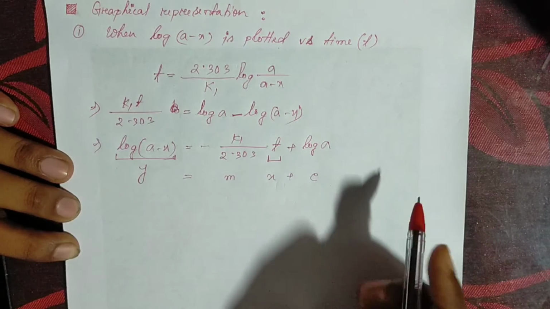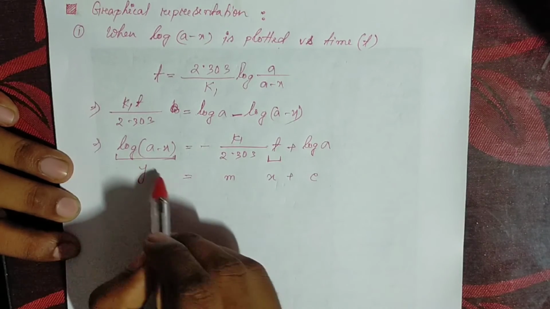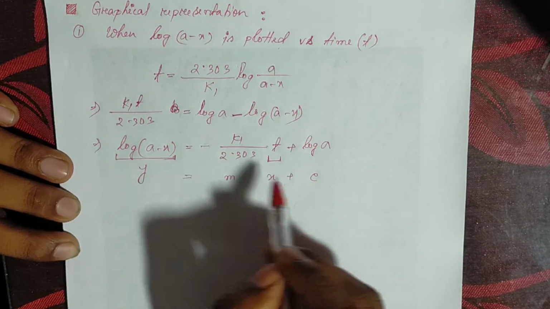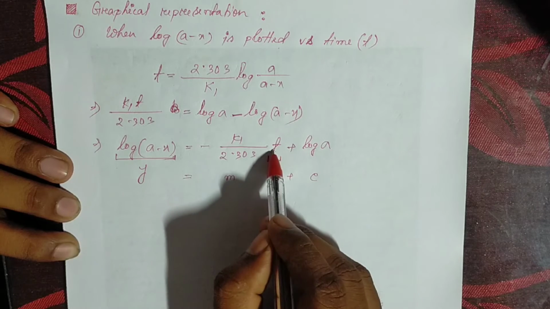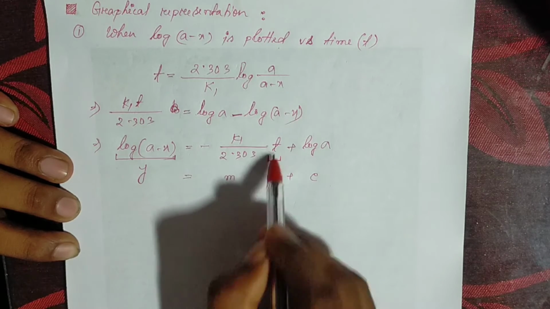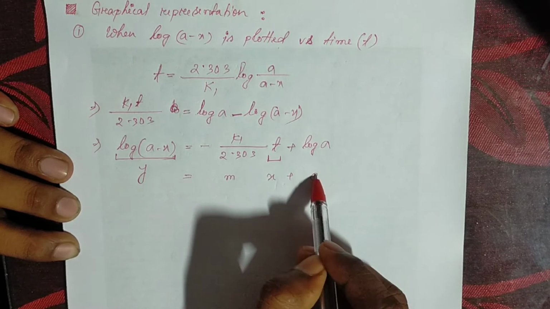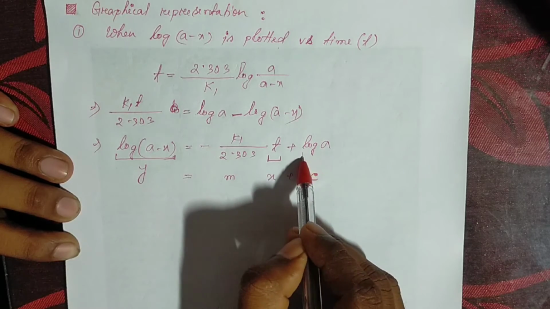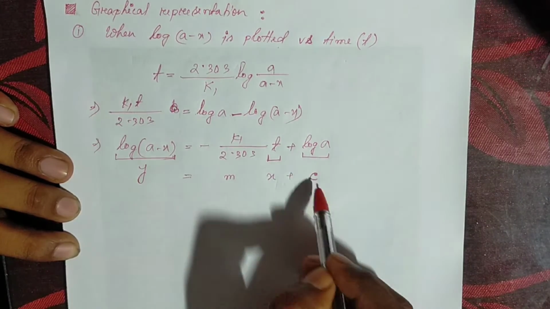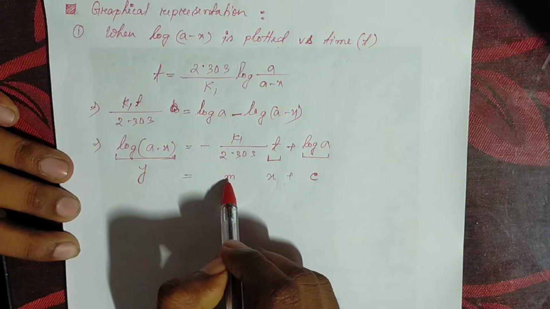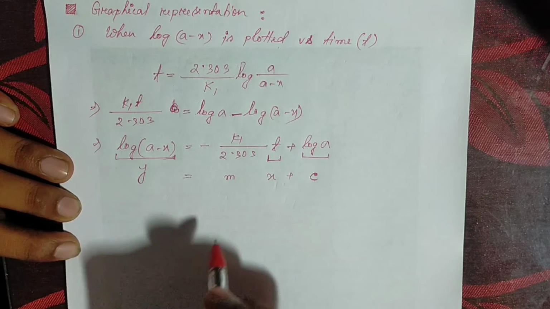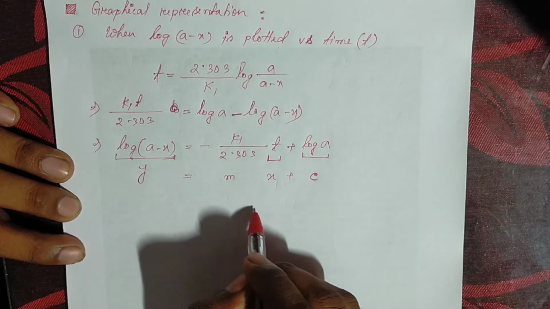So y will be log a minus x, as we are plotting versus time, so t will be x, and c will be the intercept, and m will be the slope.